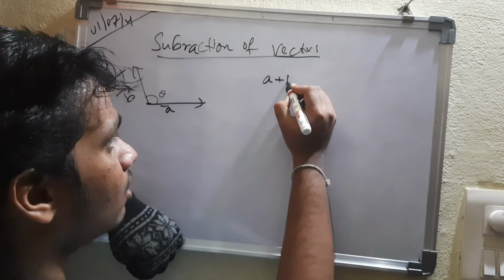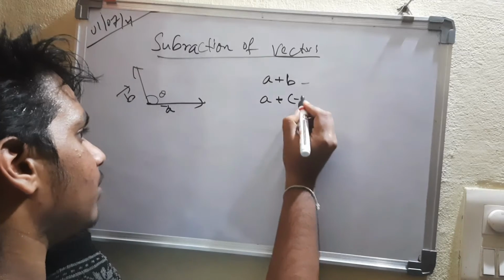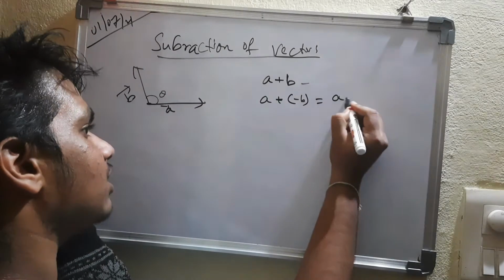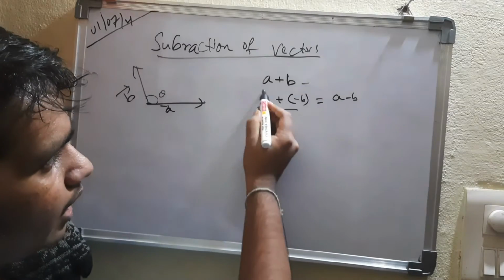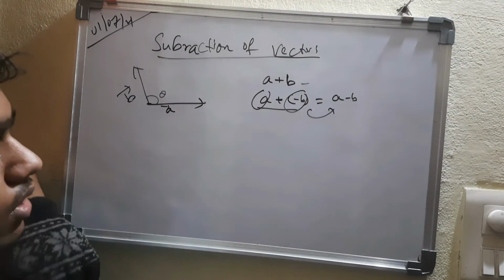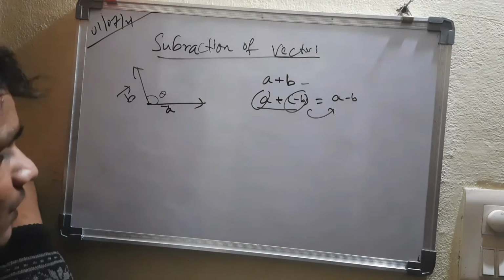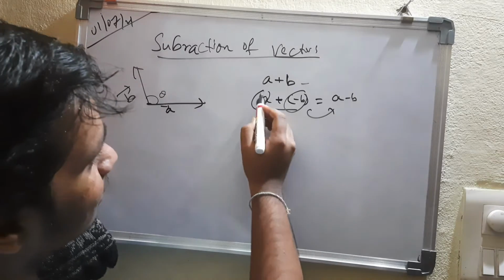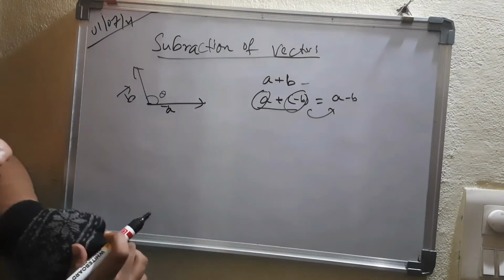A plus B is addition, A plus of minus B is A minus B. So you got the point, right? If we add A and minus B, you will get the subtracted quantity.